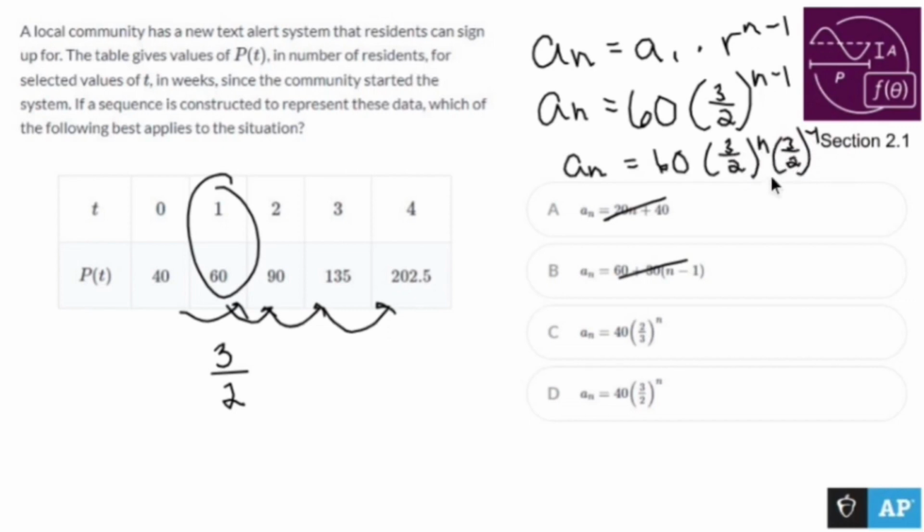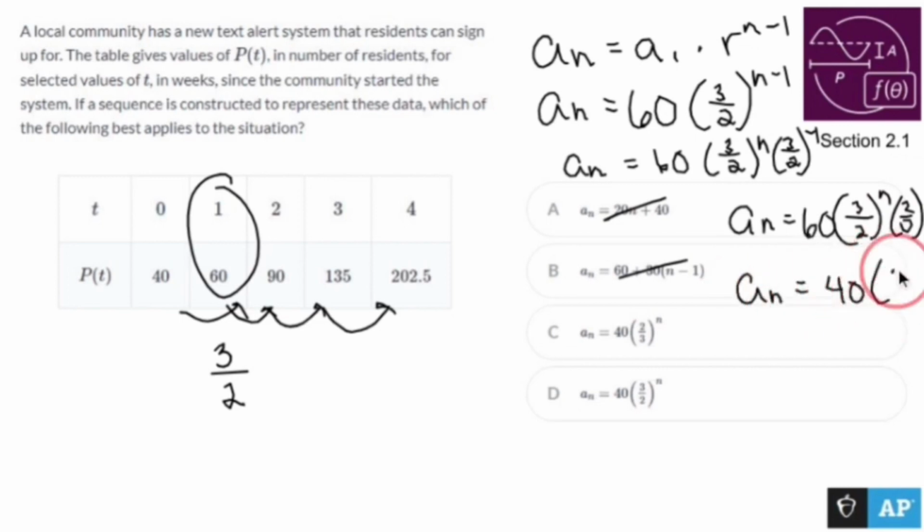Now I have a fraction to the -1 power. Flip that. 60 times 3/2 to the nth. Flip that, making it 2/3. 2/3 of 60 is 40. So a sub n equals 40 times 3 over 2 to the n.